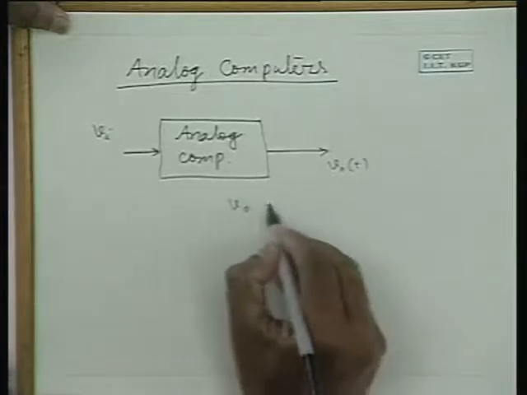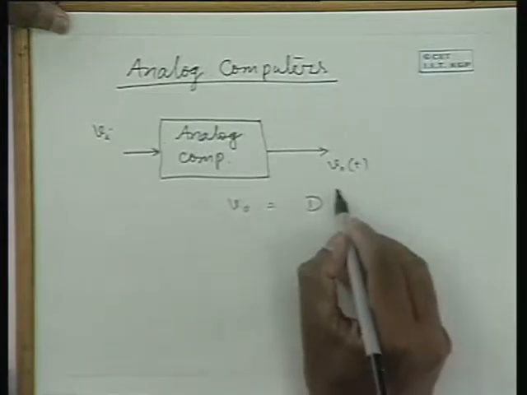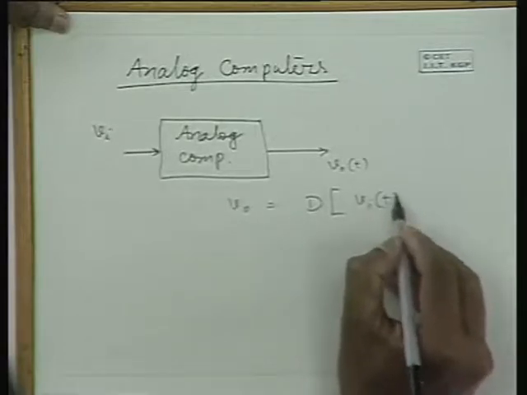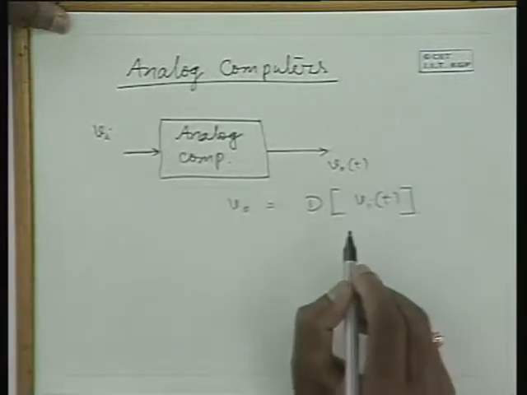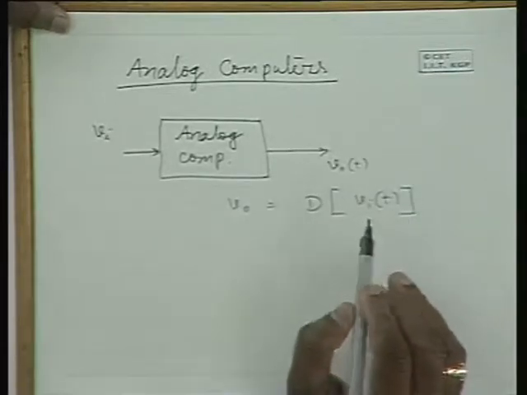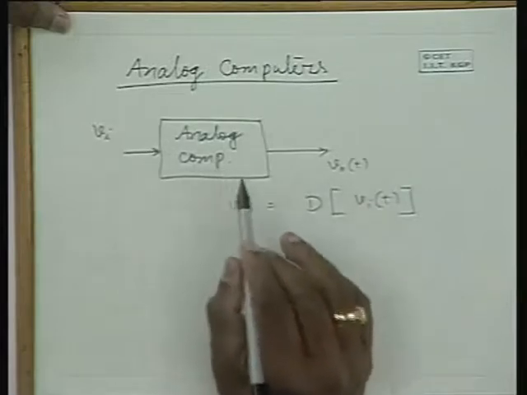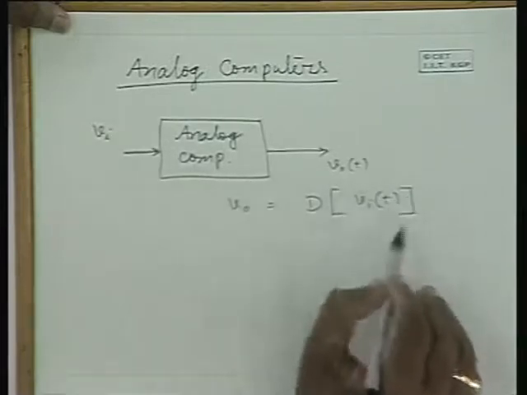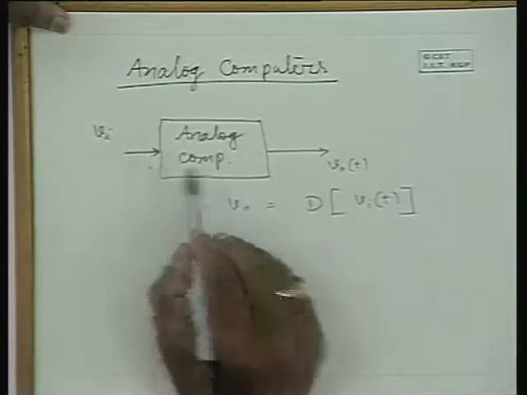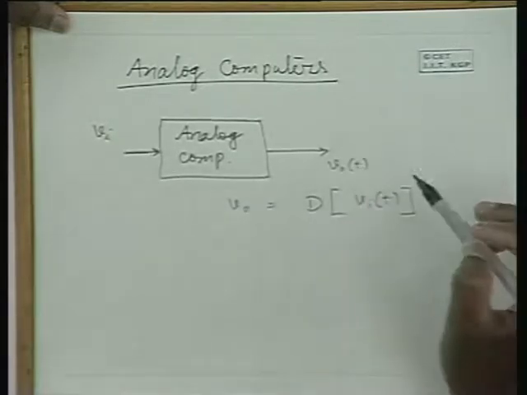Now if V0 is related to Vi by a differential equation, then an analog computer circuit can be formed from the differential equation, and for different inputs you will get different outputs.